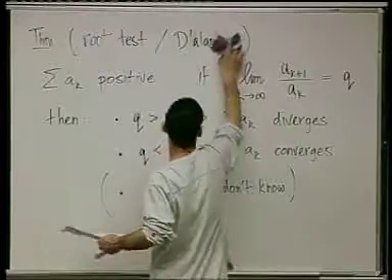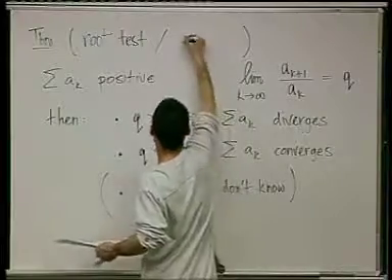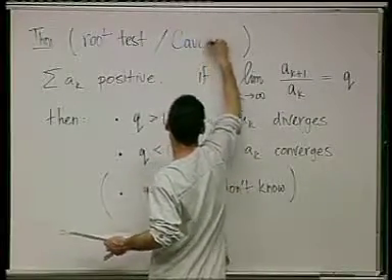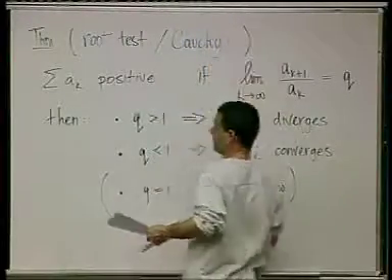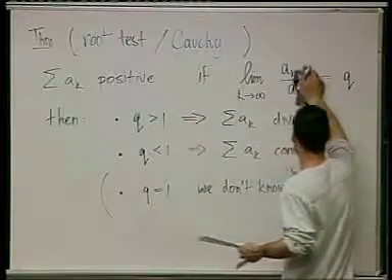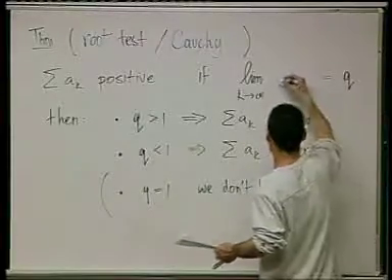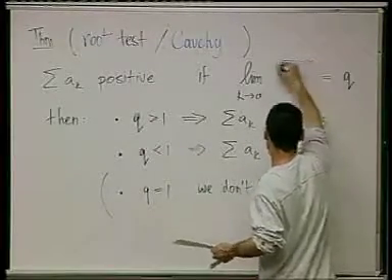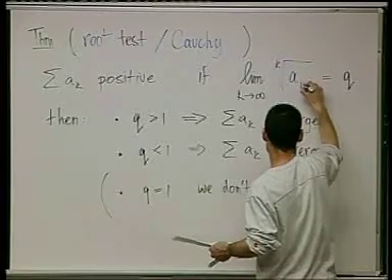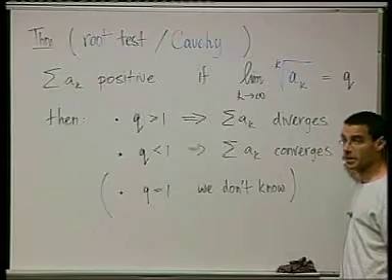And I'm going to erase D'Alembert, which will make you happy for some reason, and write Cauchy. Sigma a_k positive. And now instead of looking at ratios, I'm going to look at roots. The kth root of a_k. And everything else remains the same.